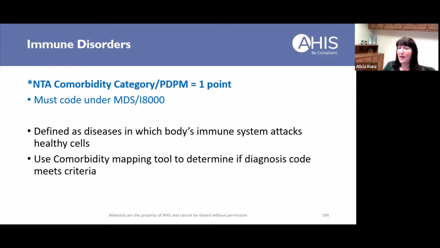Now, that being said, most of the electronic health record software out there will tell you if something is an NTA or SLP comorbidity. Some of them will even tell you the number of points. So it really just depends on what system you're working with. But if you wanted to look that up on the map tool, then you could do that as well.